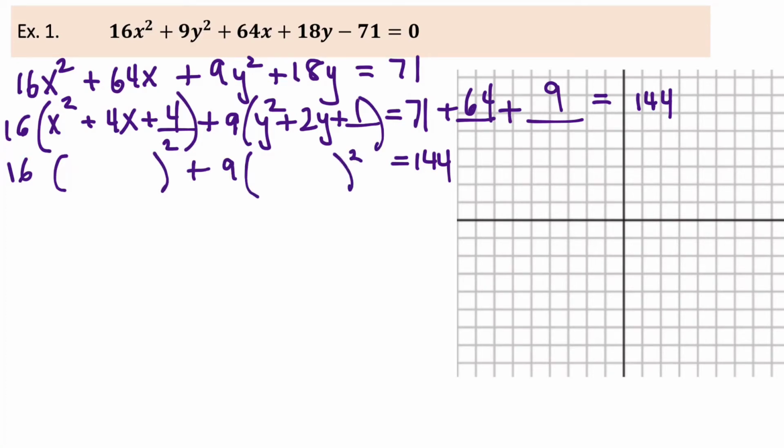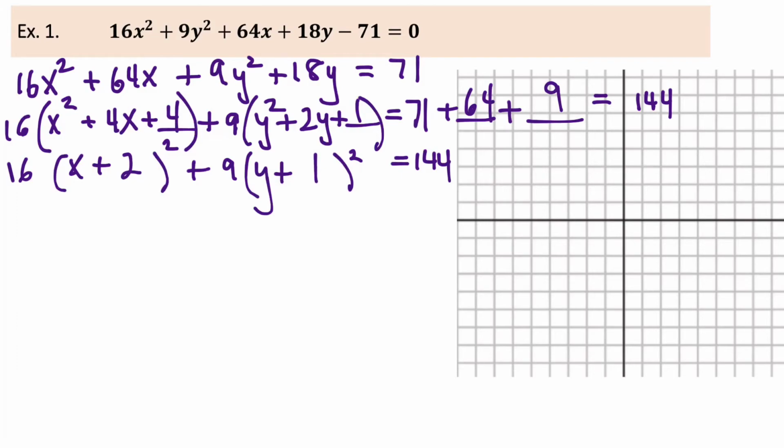I've engineered them to work to be factorable like perfect squares. So I've got x plus, remember, square root of 4 is 2, plus goes here, x goes here, y goes here, plus goes here, square root of 1, which is 1, goes here.